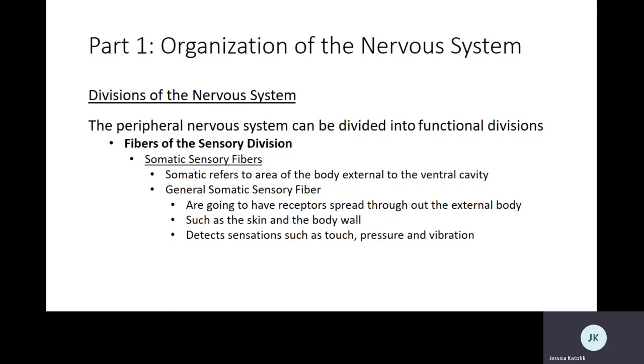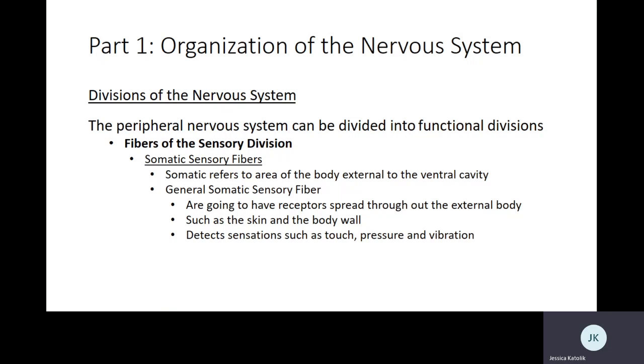These fibers detect sensations such as touch, pressure, and vibration. They can also detect proprioception. Proprioception is a sense where we can determine where our body is in space and time without having to look at our joints.